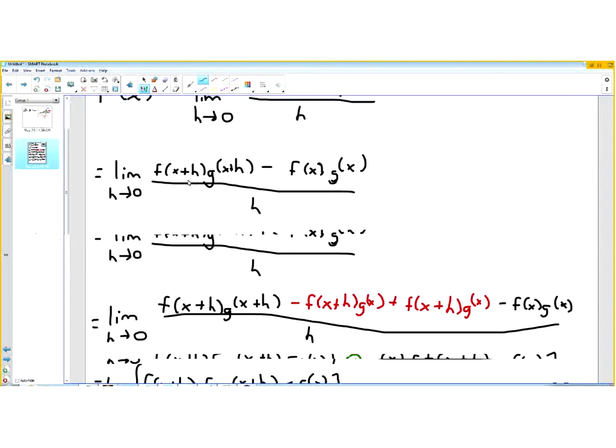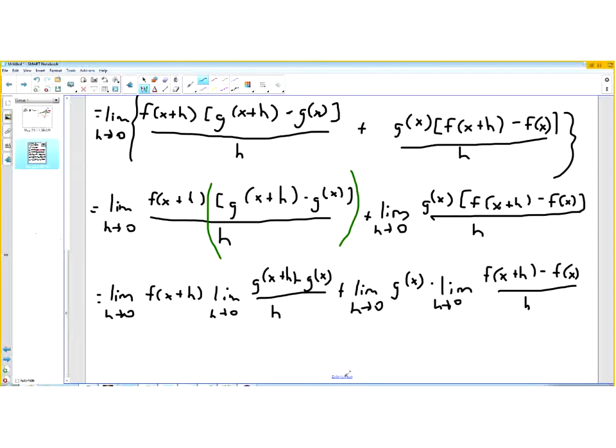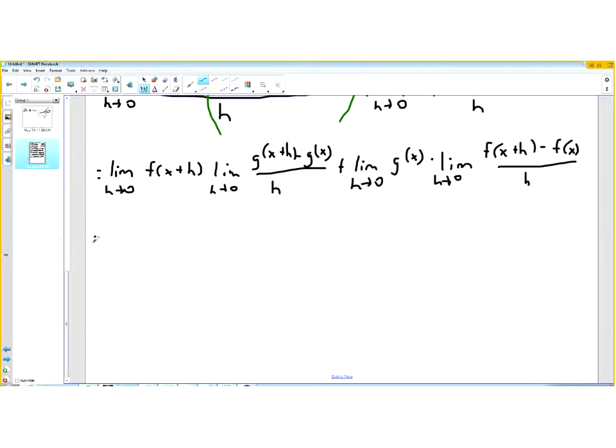So we transform the expression into something we can now work with. Now you should recognize that this expression is the definition of the derivative of g, right? So replace that limit with g prime of x.